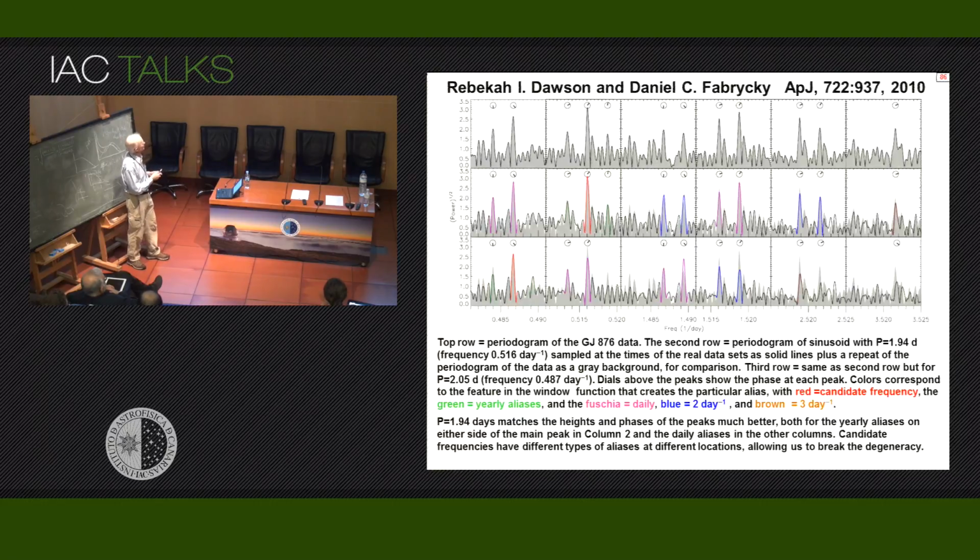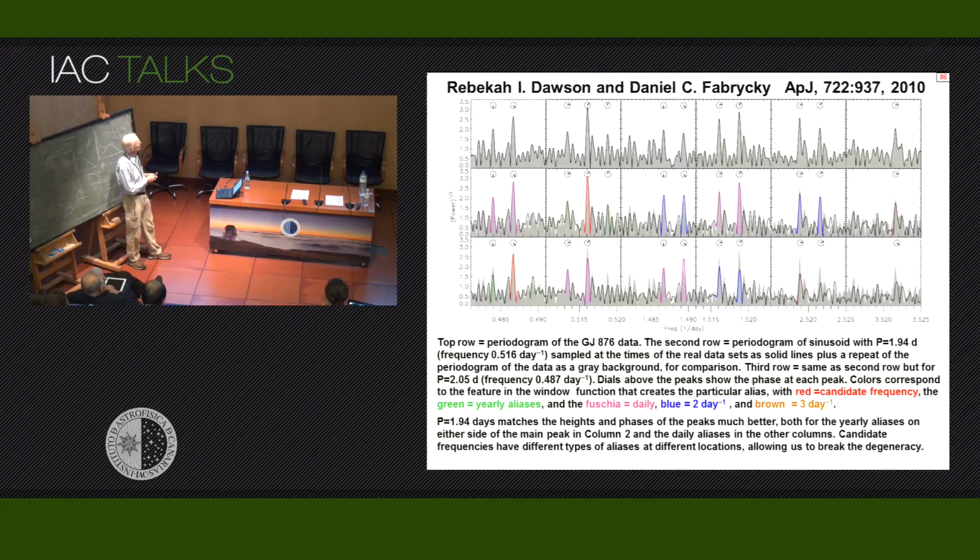So here's the real data. Now here's simulated data, but simulated without any noise. So there were two candidate periods that they were interested in. One of them was 1.94 days, and the other was 2.05 days.